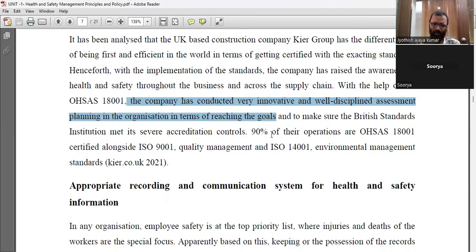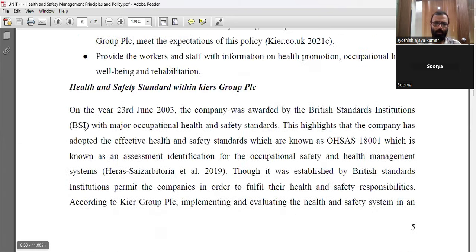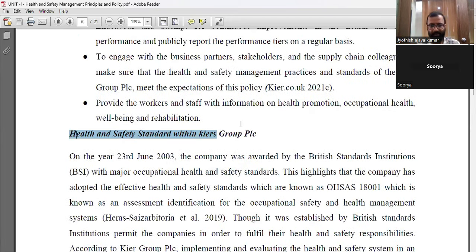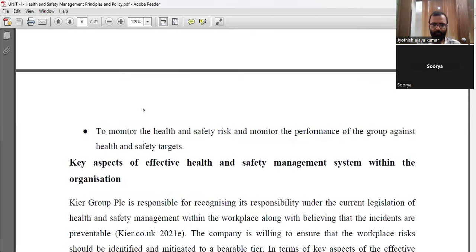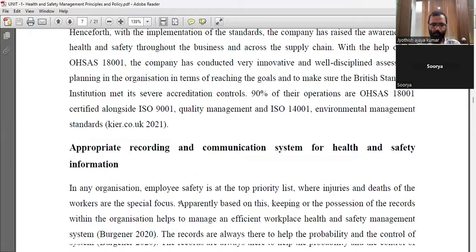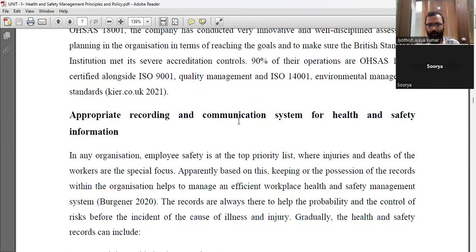Basically, it is all about 18001. You have got external accreditation. So we are discussing the health and safety standard within this group. Here we discussed the health and safety policy. Then, appropriate recording and communication system for health and safety information.